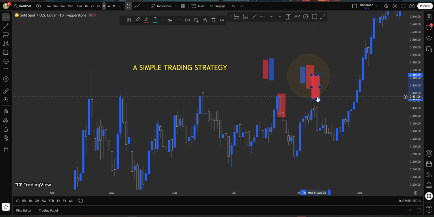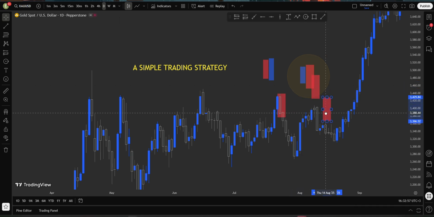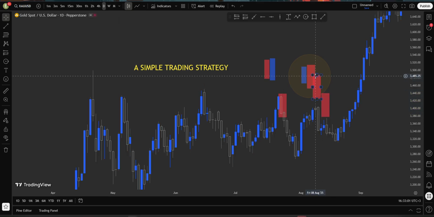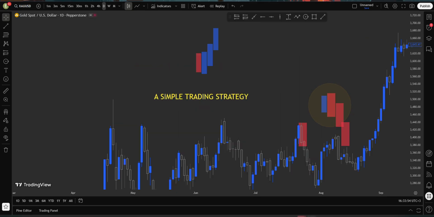This will occur at a resistance zone where the following candles have to be bearish. So for the bearish scenario, we have this candle here, it encloses this bullish candle. And the following candles, we shall see them being bearish.